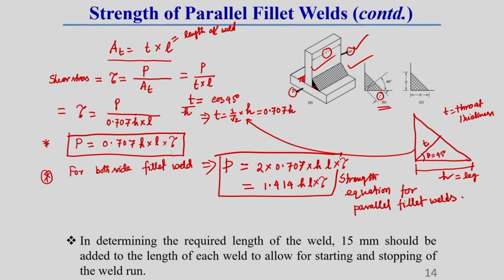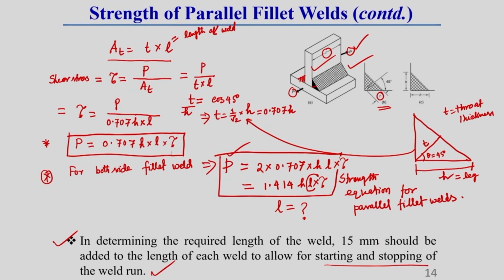Okay. So, based on this strength equation, whatever length we get, generally for designing purposes, we should add 15 millimeter more length over this L. That is why I have written at the end of this slide, in determining the required length of the weld, 15 millimeter should be added to the length of each weld to allow for starting and stopping of the weld run.